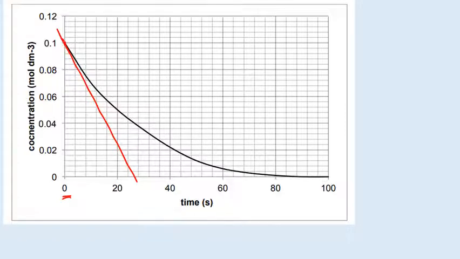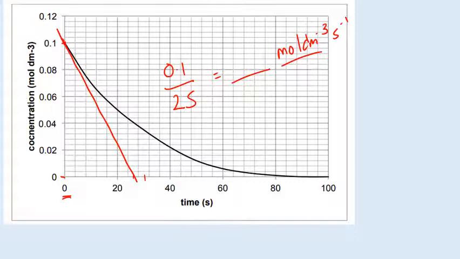And then I do my rise over run, so 0.1 divided by, for the units across the bottom, it's just about 25 seconds there, okay? So I would determine my rate of reaction is 0.1 divided by 25. That would give me an answer in moles per decimetre cubed per second, and you can quite easily work that out when you calculate it again.